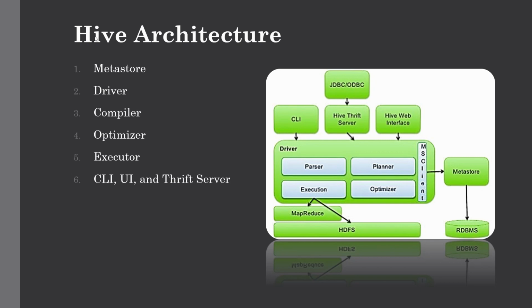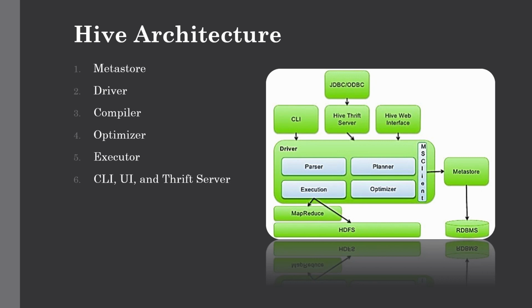For that, we will discuss the major components of Hive. The first and very important one is the Metastore. The Metastore is a separate RDBMS which is used for storing metadata for each table, along with its schema and the location of that table. Metadata is nothing but data about data.